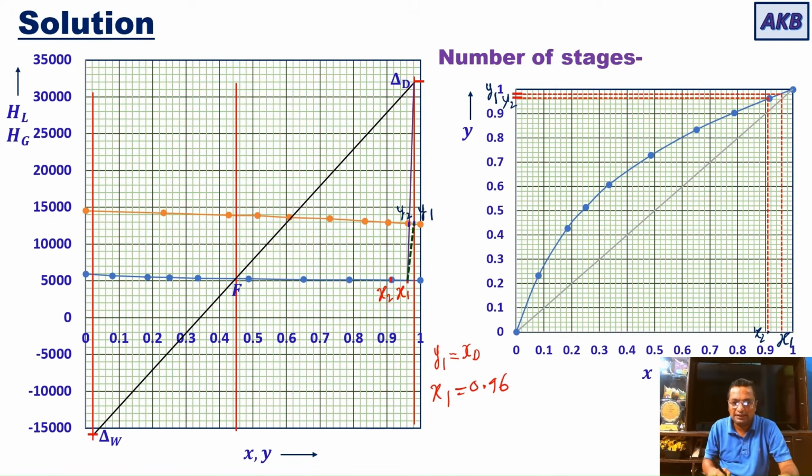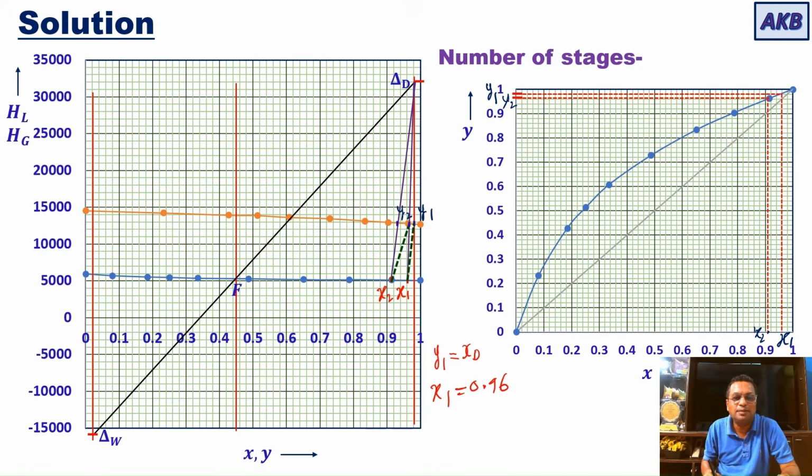After that, again two tasks. First, we draw a construction line from x2 to delta D. And then we connect x2 and y2 with a tie line. That ends the second step.